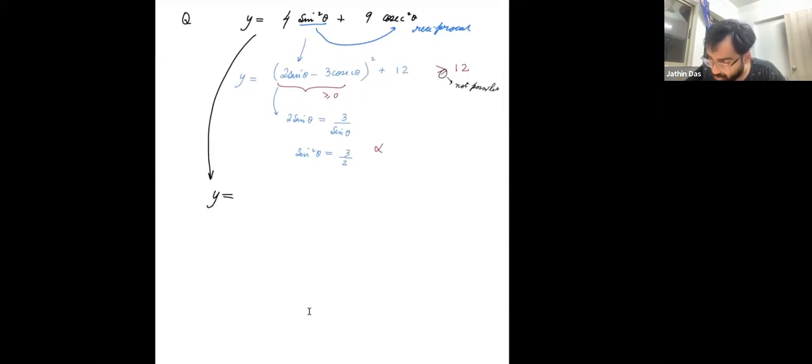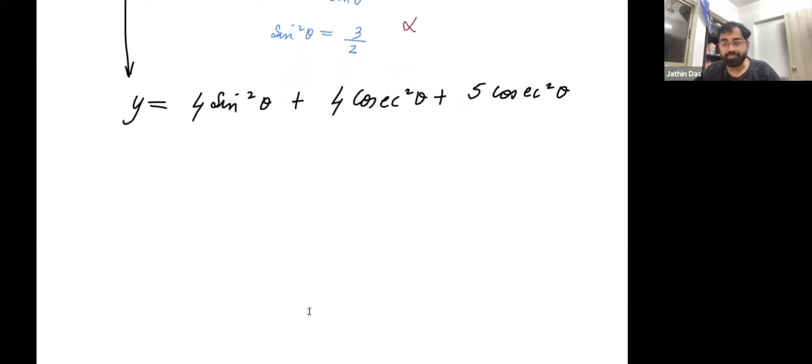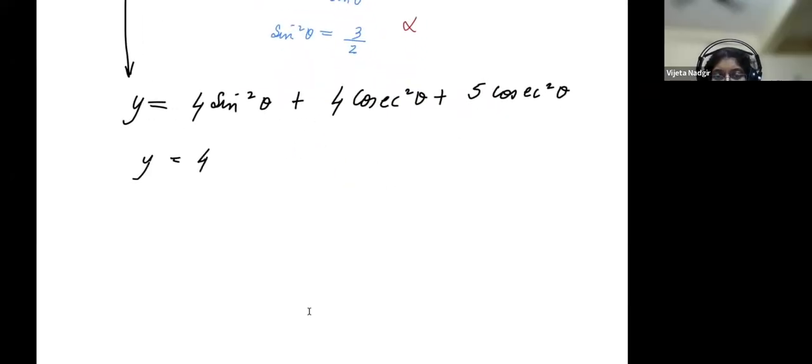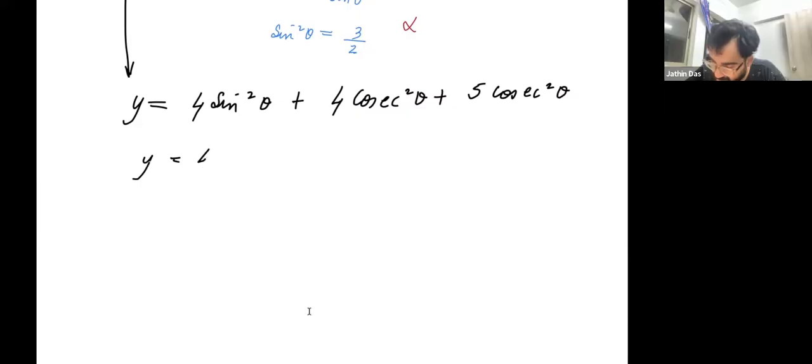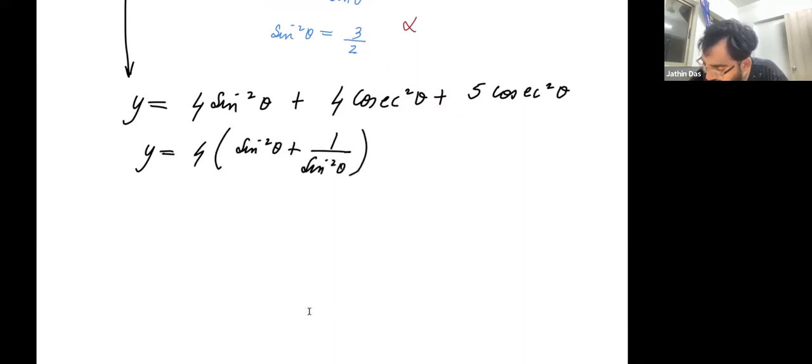So here we do a different game. Listen, you'll understand slowly. Y is equal to 9 cosec square theta; I write it as 4 cosec square theta plus 5 cosec square theta. Now y is equal to 4 of sin square theta plus 1 by sin square theta, plus 5 cosec square theta.